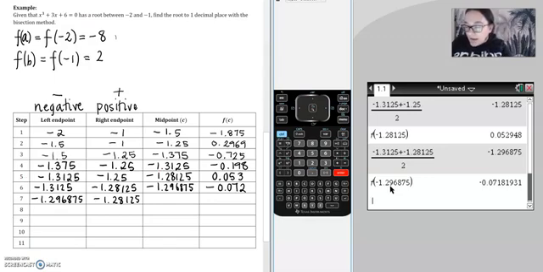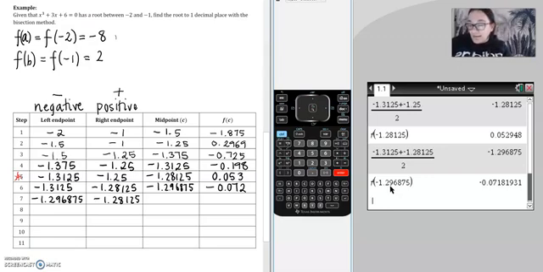Step 5, if we round these answers to 1 decimal place, we get negative 1.3, negative 1.3, and negative 1.3. So here at step 5, we start to see the same answer repeating itself, correct to 1 decimal place.